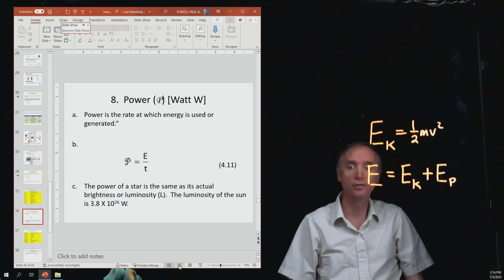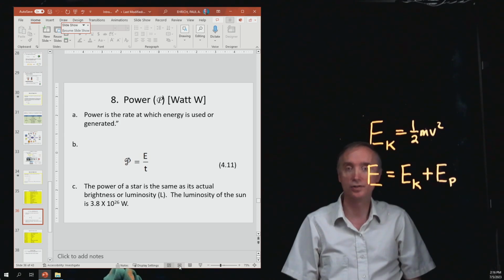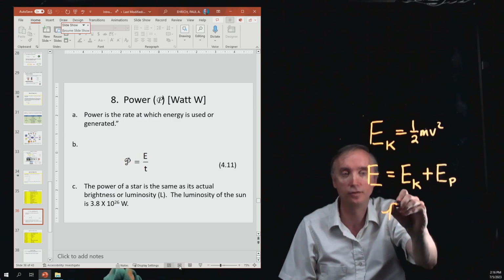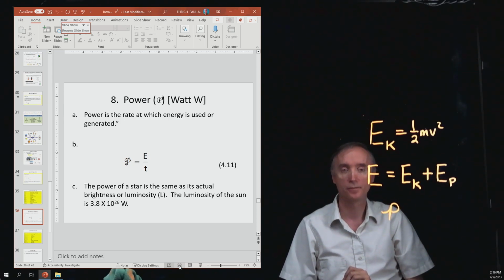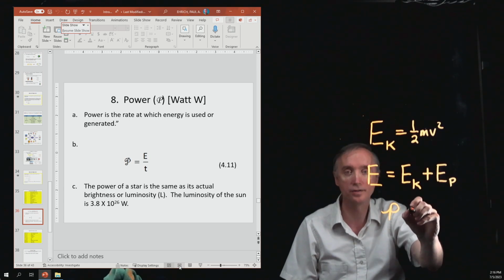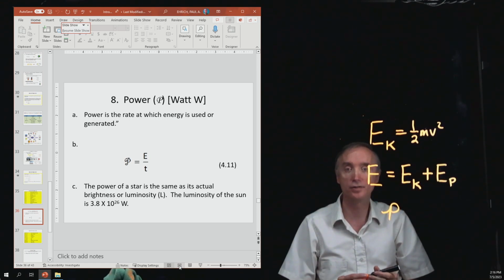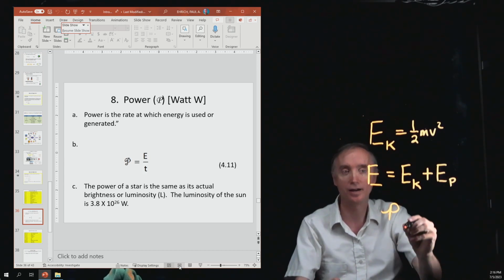Okay, and then another thing that you need to know is power. So power is given by cursive P. And its official metric unit is going to be called the watt, a W. And so power is not, it's related to energy, but that's not the total thing. So it's energy and time.